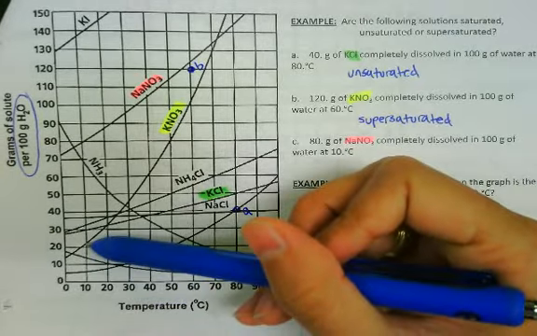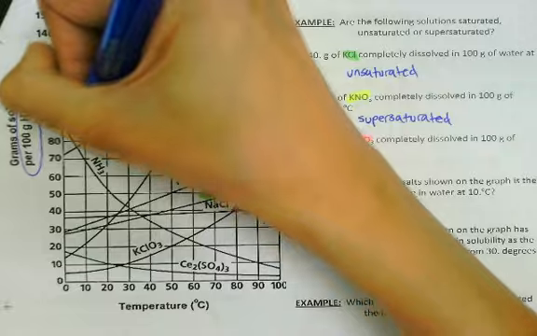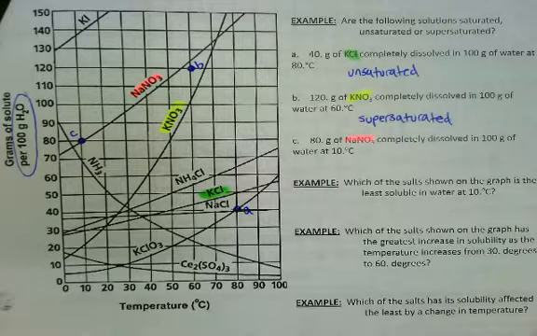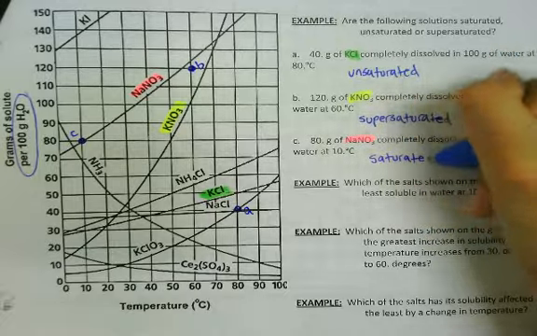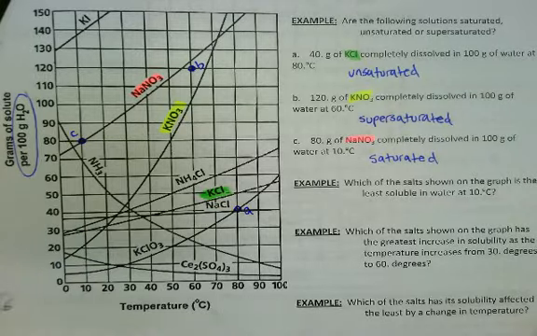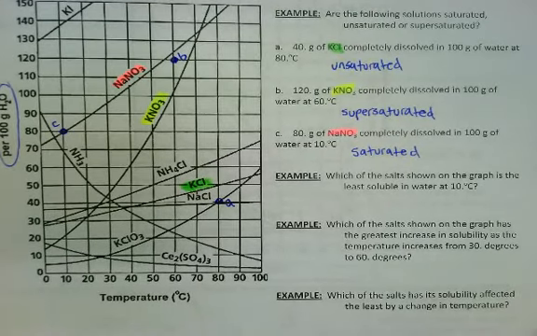Okay, 10 degrees Celsius, 80 grams, right here. This is letter C. Where is that in relation to the NaNO3 line? It is on the line. If something is on the line, what do we consider it to be? Saturated. Very good. This is saturated. Okay?